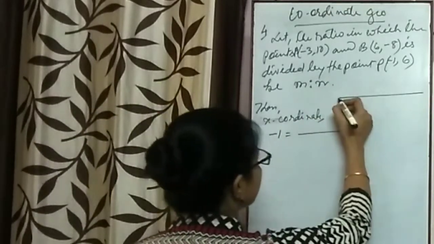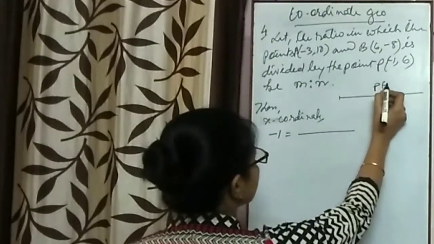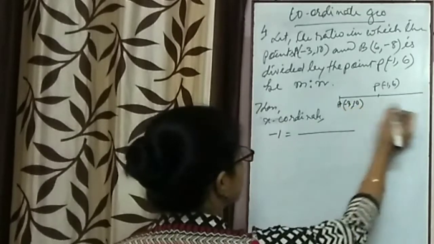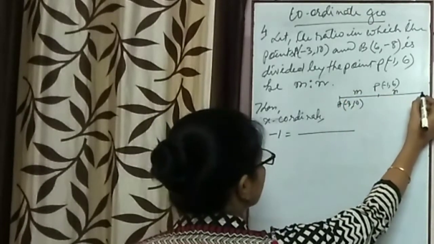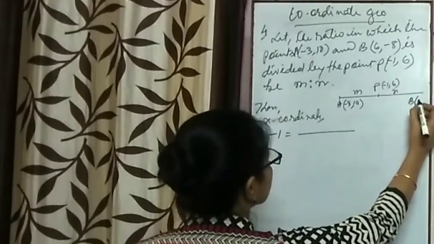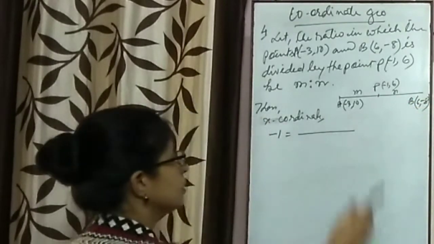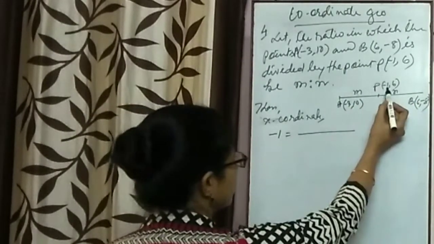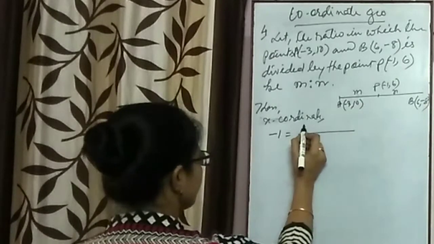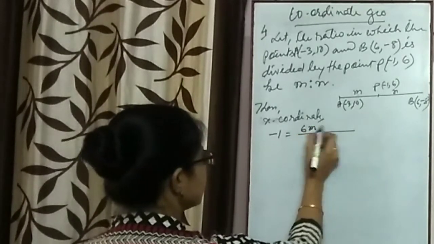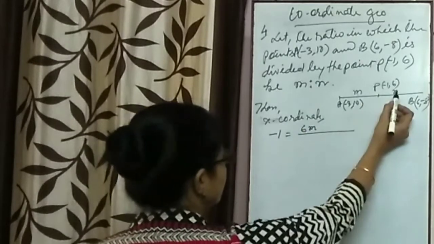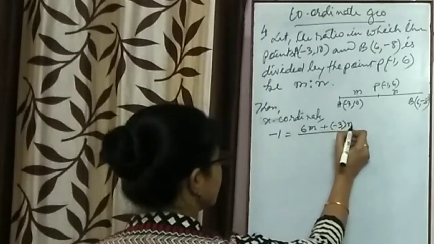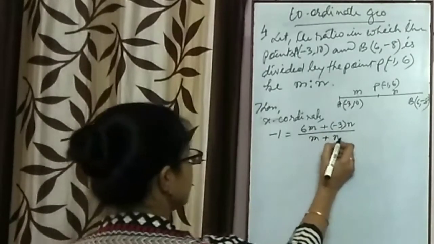If you draw the line, say here is a point P, here is point A, this is M, and here is a point B, 6 minus 8. Now for getting this, this and this will be multiplied, so minus 1 is equal to m into 6, or you can say 6m, then n into minus 3 divided by m plus n.